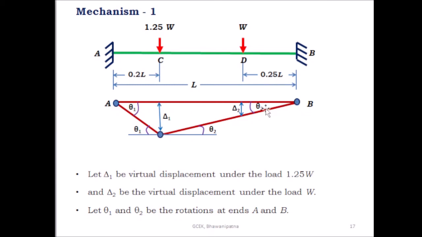From this to this is 0.8 L, and from this to this is 0.25 L, and this is delta 1 and this is delta 2. From these two similar triangles we can find the relationship between delta 1 and delta 2. So delta 1 divided by 0.8 L is equal to delta 2 divided by 0.25 L.